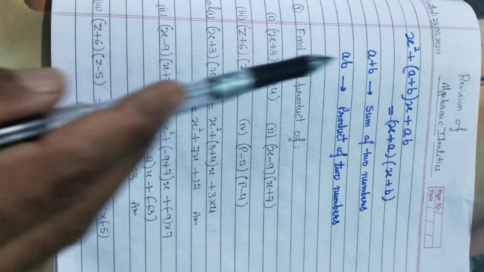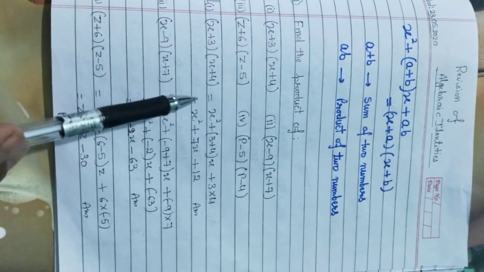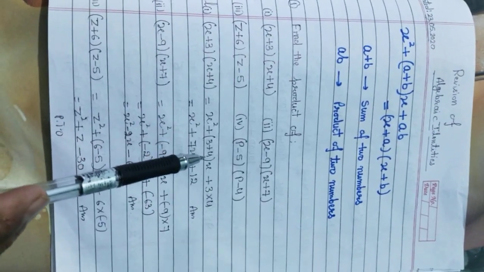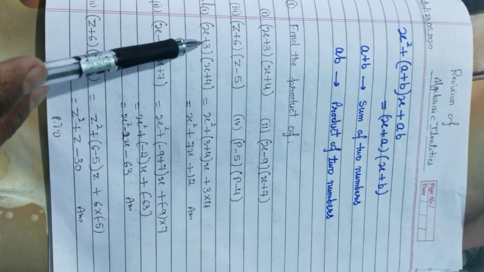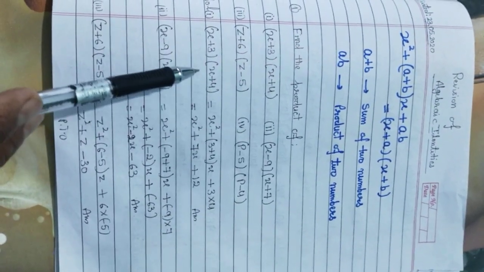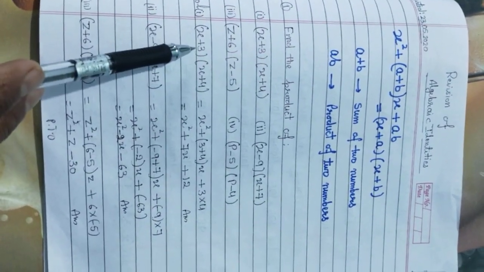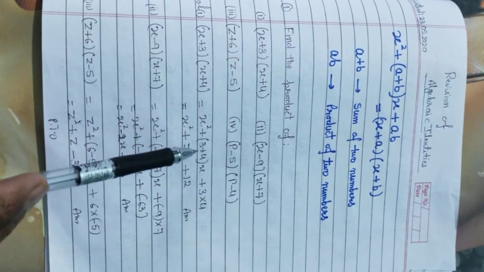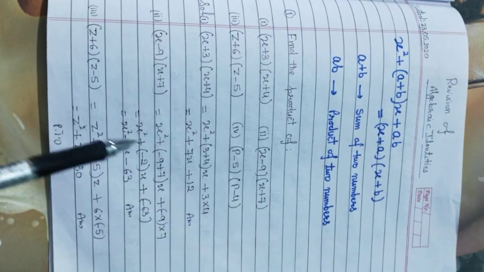Using the identity x square plus (a plus b)x plus ab, it is equal to x square plus (3 plus 4) into x plus ab, that is 3 into 4. The sum of the two numbers is 7 and the product is 12. So this is equal to x square plus 7x plus 12. So this is your answer.